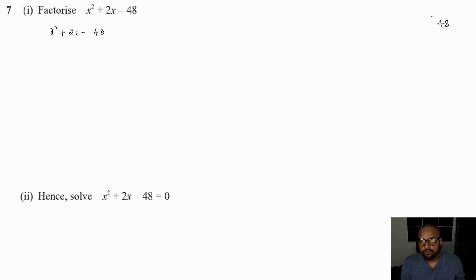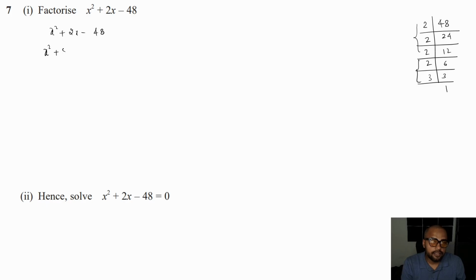Taking the prime factorization of 48, we get 2 times 2 times 2 times 2 times 3. So we can write the middle term as x square plus 8x minus 6x minus 48.